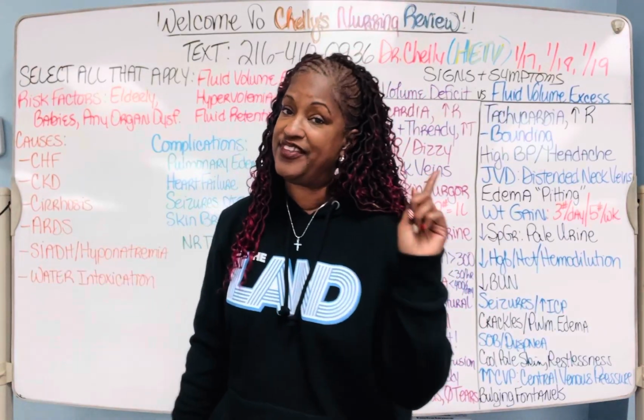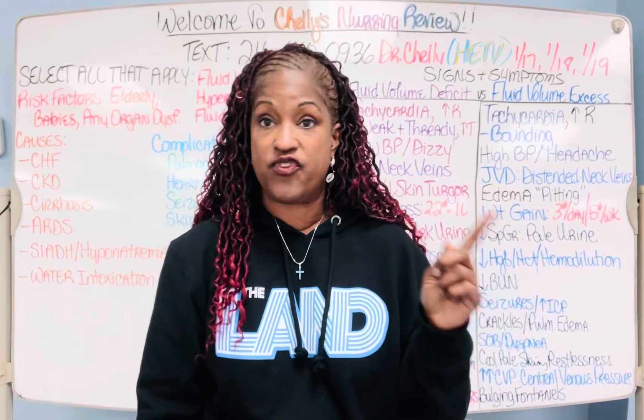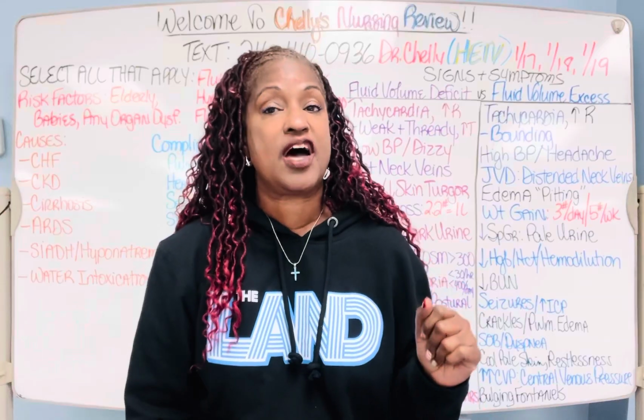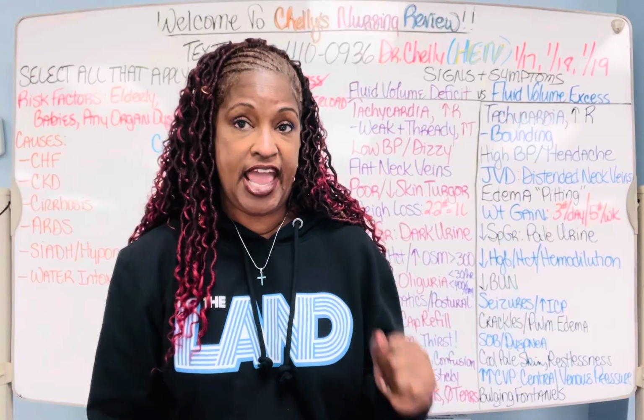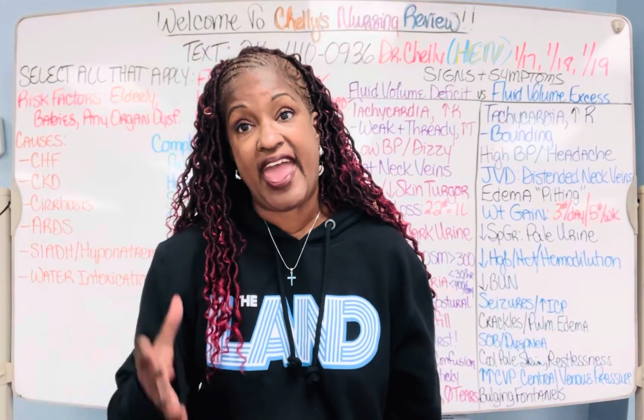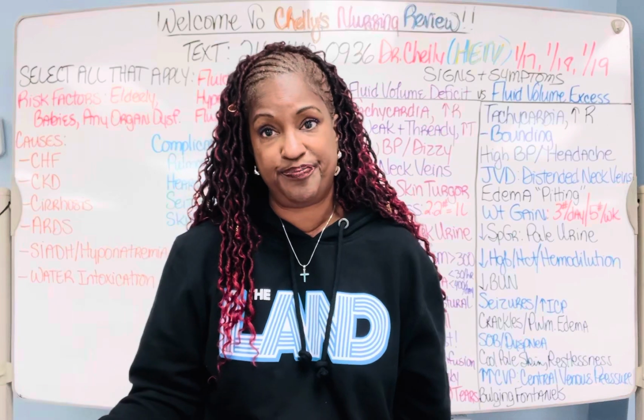SI means everything is high. So this SIADH, I want you to think of it as a neuro kind of issue, even though it's an endocrine issue, and it has to do with antidiuretic hormone.